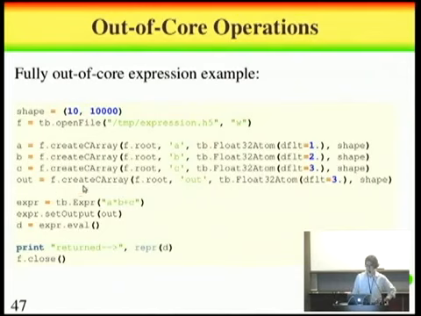We also declared a C array, which is our output, where we want our results to be stored. We then give it this string expression, which knows the namespace. It gets executed in this local namespace, so it sees that these A, B, and C are PyTables objects. And then we can say where we want the output to go, right?